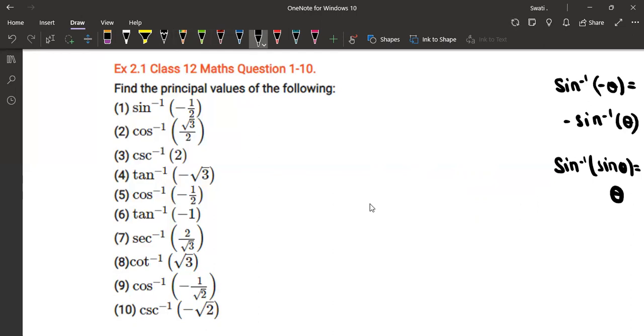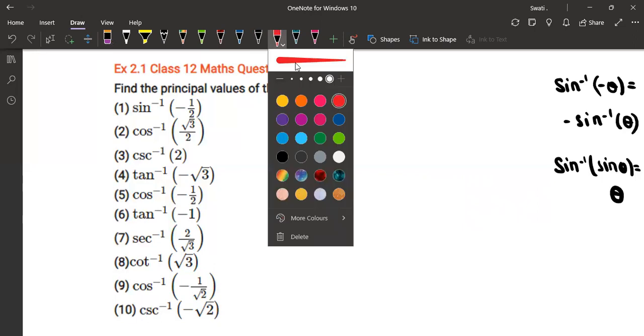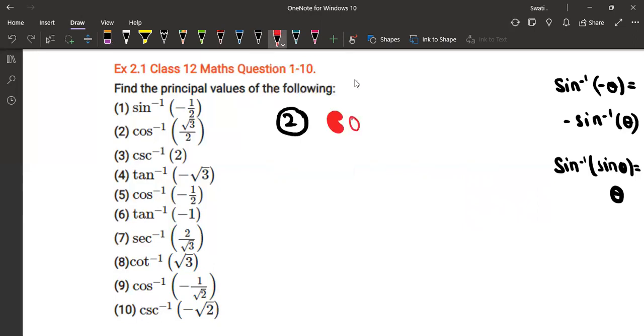The next question is cos inverse root 3 by 2. This is very simple, we don't have a negative sign. If we have a negative sign, there is a formula, of course, and we'll talk about that later when we come across such a question. So this is cos inverse, and for what value of cos is the value root 3 by 2?